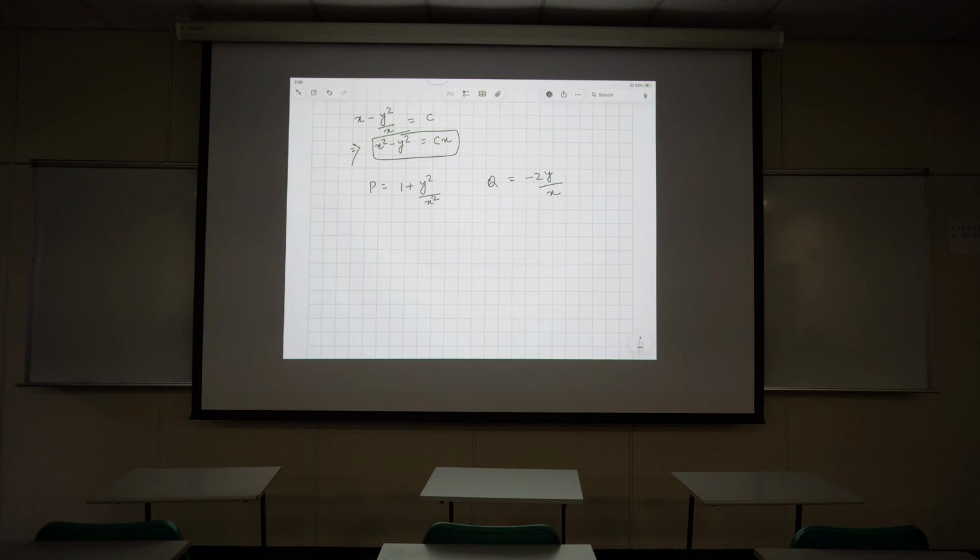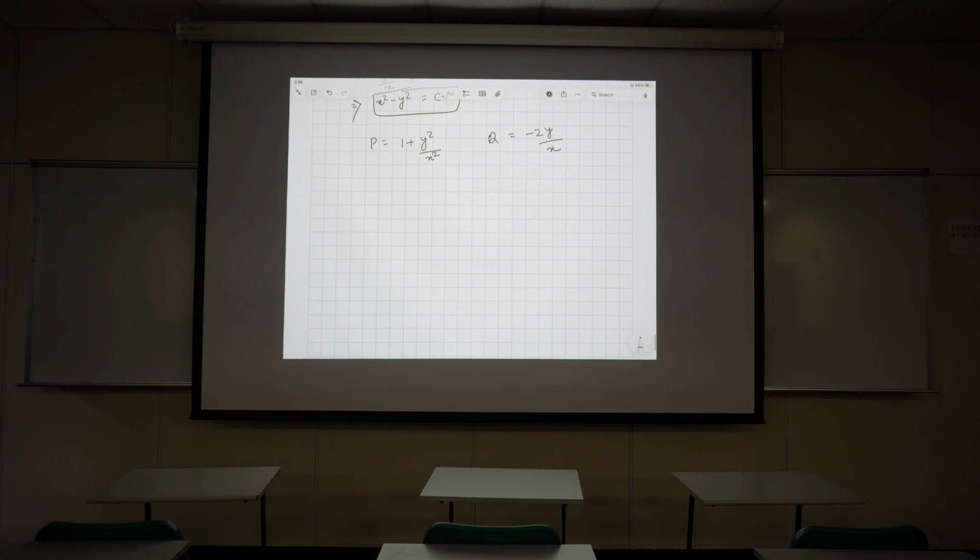Yeah, if you are getting the same thing, if you just apply the same method, like (1 plus y square x inverse) dx plus minus 2y x inverse dy is equal to c. So here y is constant, and no term with x. Then this term contains x, so this one becomes 0.